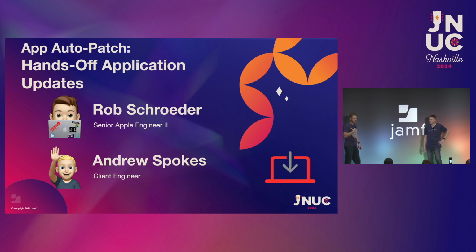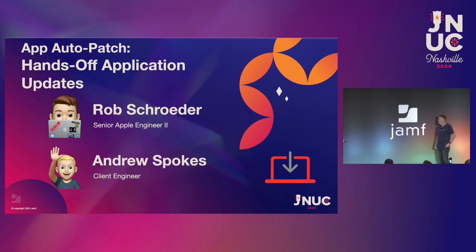My name is Robert. I'm a senior Apple engineer at my organization, where I've been working almost exclusively on automating and improving workflows for our Apple computers and devices. My background in managing Apple devices spans across higher education, MSPs, and enterprise environments. Previous to working on Apple devices, I was a Windows sysadmin.